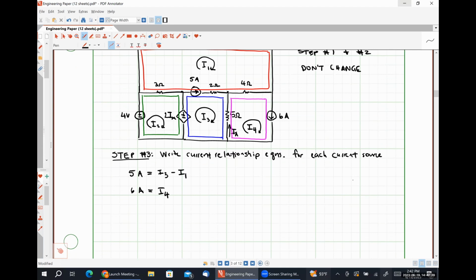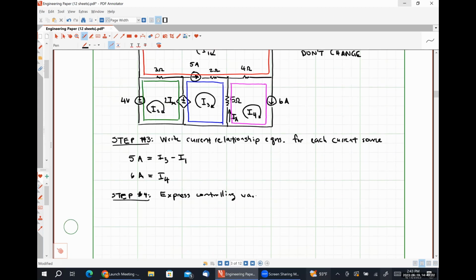All right. Now we write our controlling variable equations. So I'm just going to express controlling variable dot dot dot.